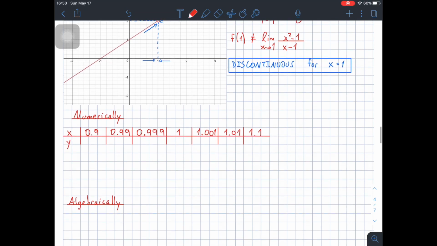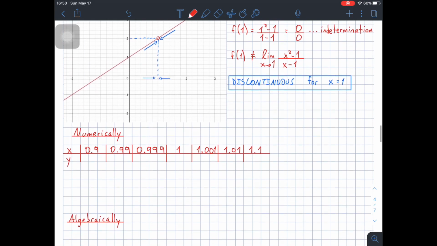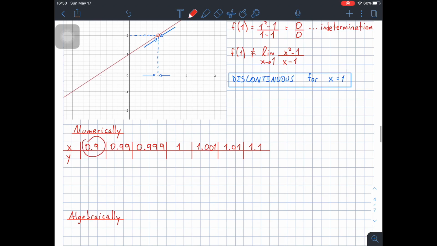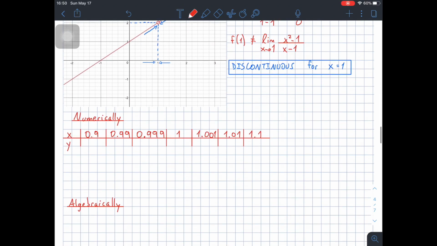Okay, so if I find the respective values of y, you can do this in the menu table using your calculators. Just replace the value of x into the function, and you will be getting the different values. So for 0.9, it's 1.9. For 0.99 it is 1.99. Then we have 1.999.